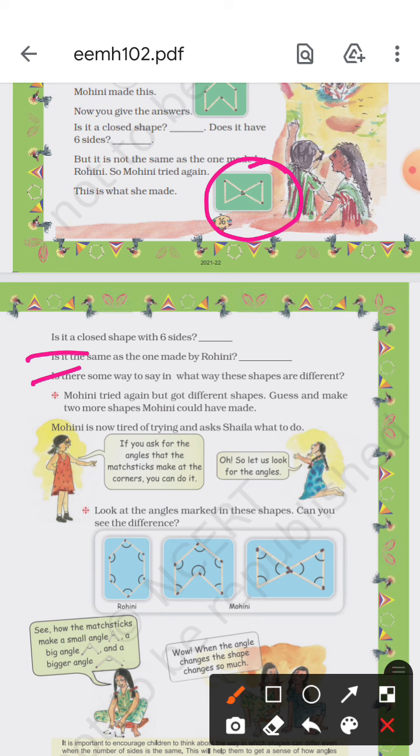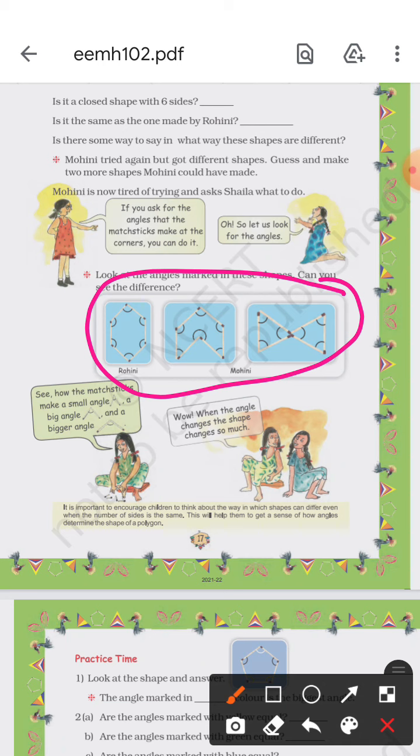Now Mohini is tired of trying and asks Saila what to do. You can see that Saila replied, if you ask about the angles that the matchsticks make at the corners, you can do it. So now look at the angles marked in this chapter and find the difference.